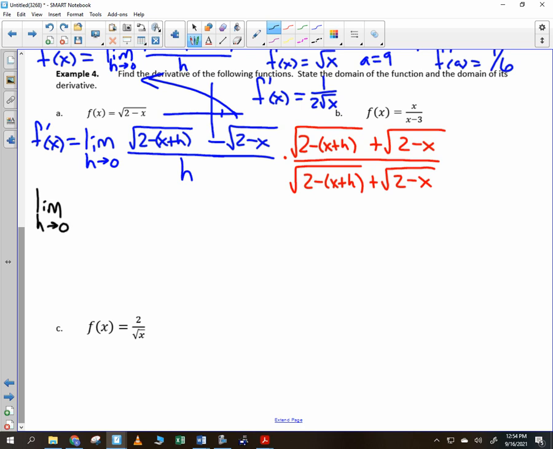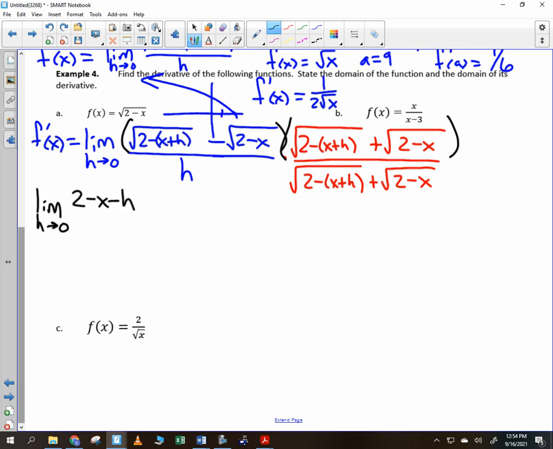Everybody okay with my setup so far? All right. We multiply these two. What do you get? So we're going to FOIL these two things out. We'll multiply the first two terms, and the square root's going to go away, right?